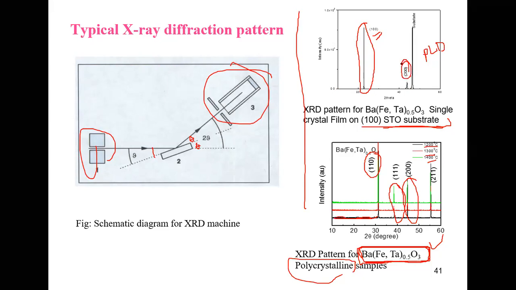Previously we studied that the 100 and 200 planes are parallel planes, and this intense peak is from the substrate, because the substrate is very thick, so the intensity is also very high. And then if we go further, about 66, we get the 300 peak, and then the 400 peak. We know the 100, 200, 300, 400 peaks are from parallel or similar planes.